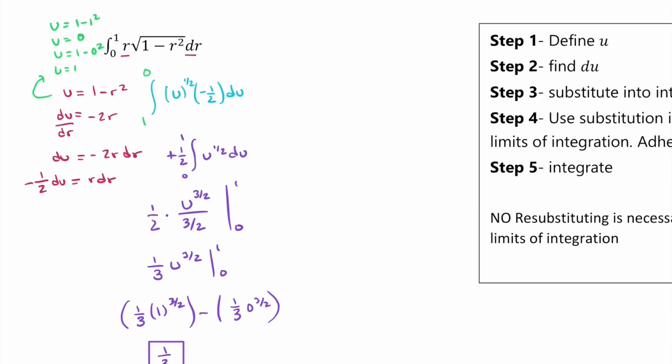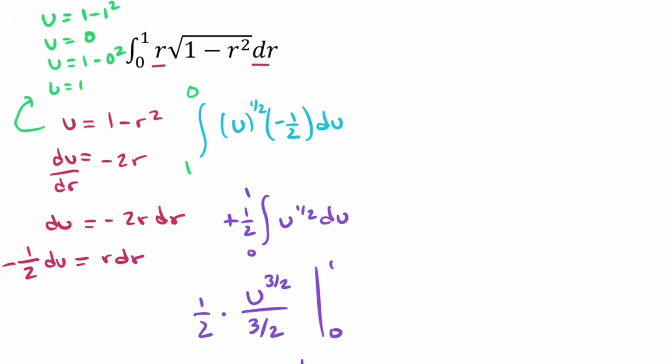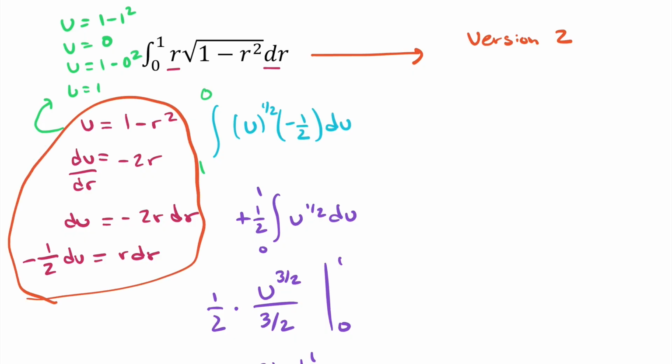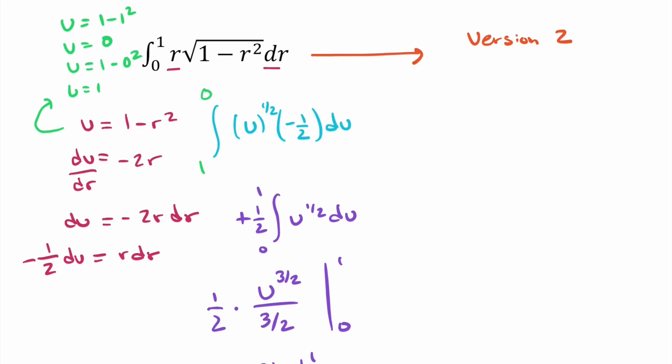If I were to do pattern 2, I could have ignored the changing of my upper and lower limit. So let me go back and do a second version. So here's version 2. Let's say all I did was the work in red here. I would then just ignore my bounds and my limits.